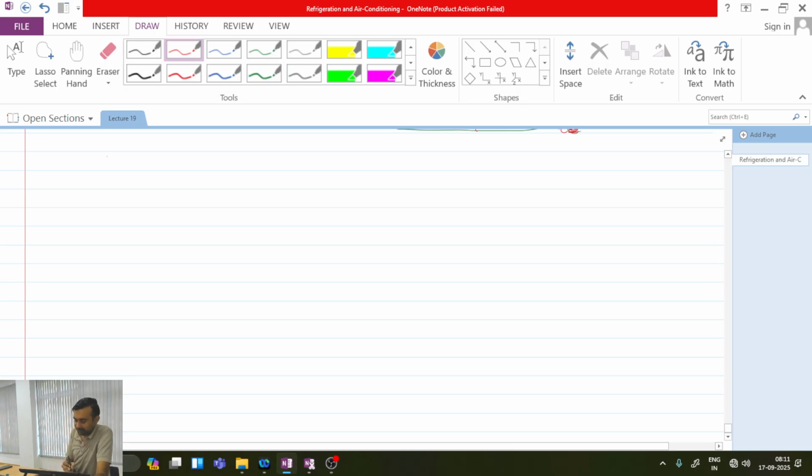Typically, whenever we use a mixture of refrigerant and absorbent, we define these mixtures in two forms. Some are called ideal mixtures. Of course, there will be a certain set of governing laws. The combinations of refrigerant and absorbent which follow these laws are called ideal mixtures, and the ones which do not follow these laws are called non-ideal mixtures.